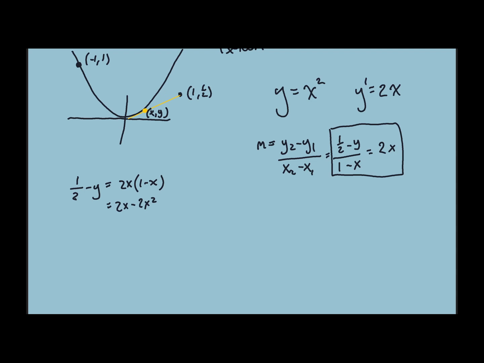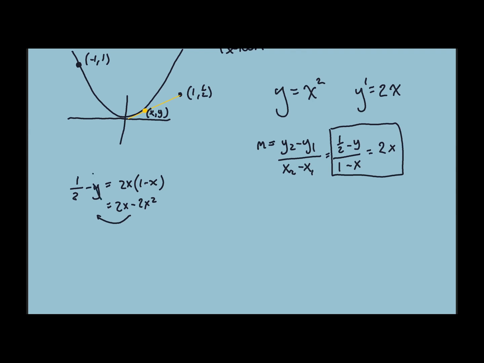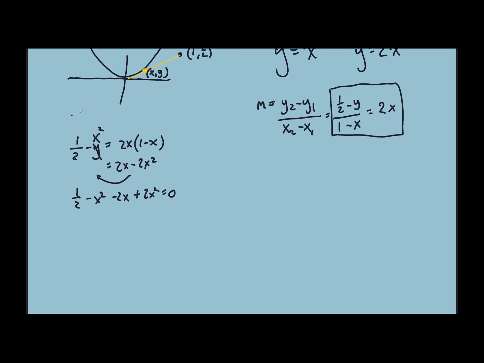And I want to move all of this over because something that's fun is to remember that y equals x squared. So I can replace this with an x squared. I like that. So far we have 1/2 minus x squared minus 2x plus 2x squared equals 0. So let's combine our like terms, 2x squared and minus x squared. So I'm going to get x squared minus 2x plus 1/2 equals 0.